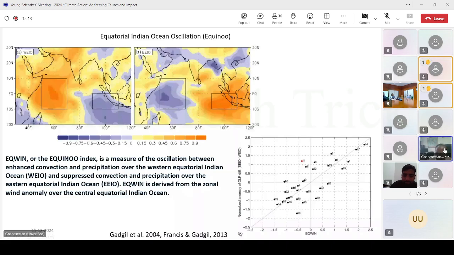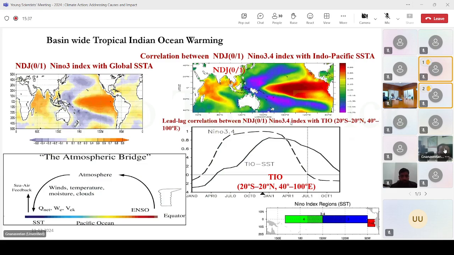You can see here in the scatter diagram, the bottom one is EQUINOO, the equatorial winds, and this is the OLR based index. You can see they correspond very well. That is also very well correlated with the Indian monsoon rainfall.